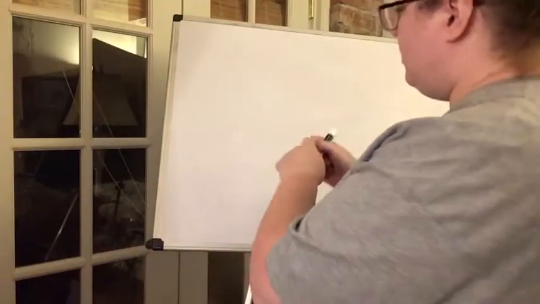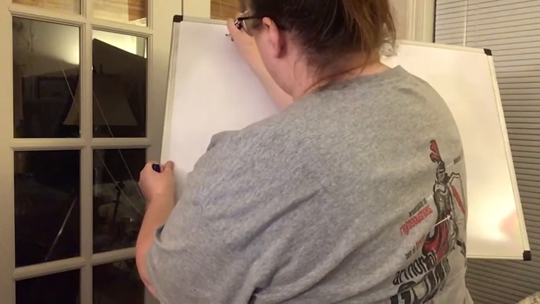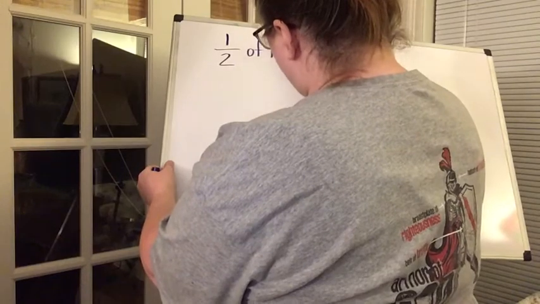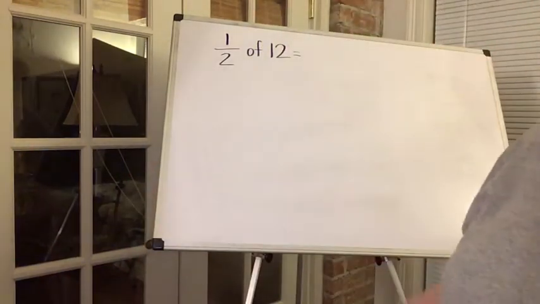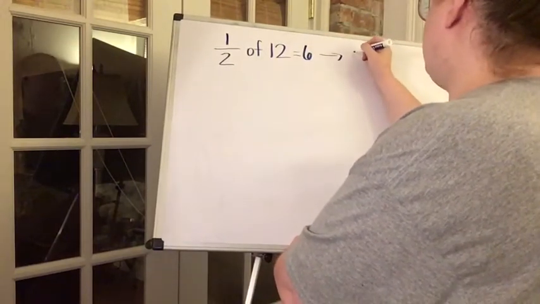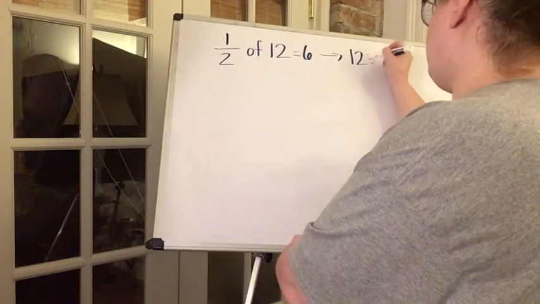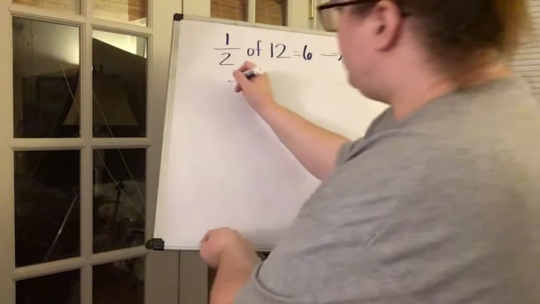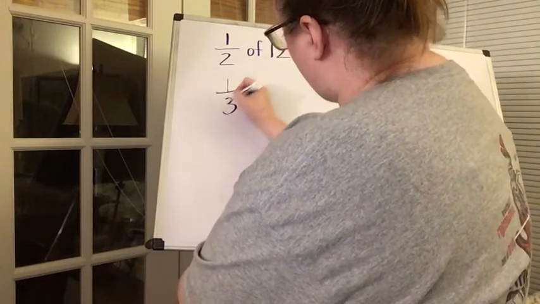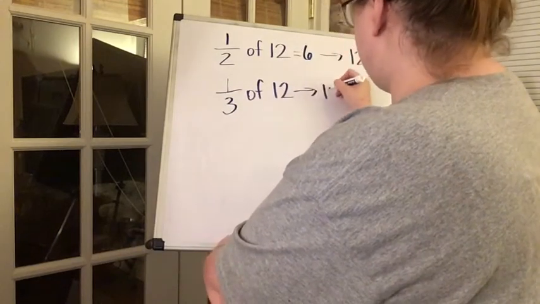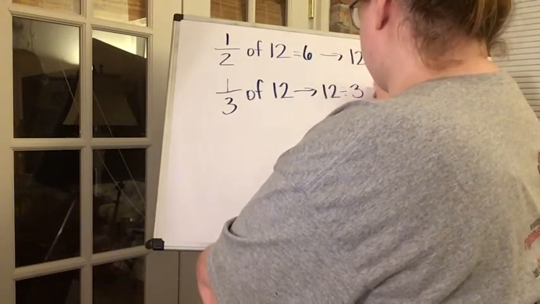Okay. Oh, I just remembered something I needed to review, so let's do that. We learned that when we have half of a number, that's pretty easy. Half of 12. We know half of 12 is 6. This is the same as doing 12 divided by 2 equals 6. Now, when you have a third of something, that's going to be the same as 12 divided by 3.